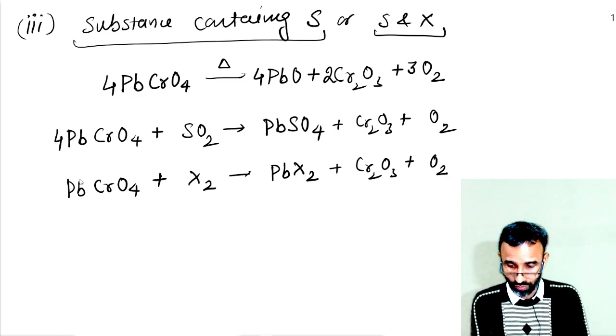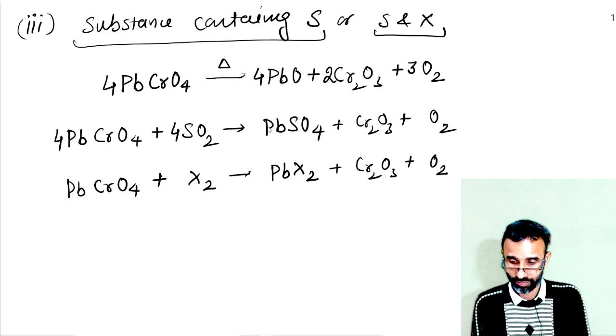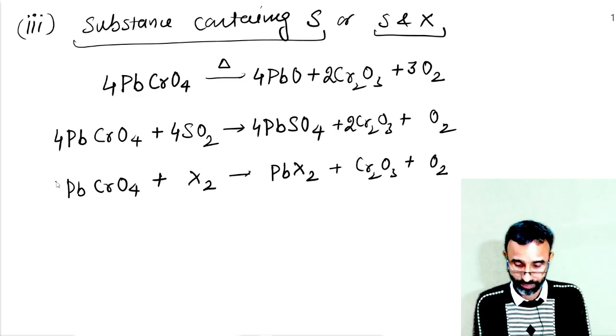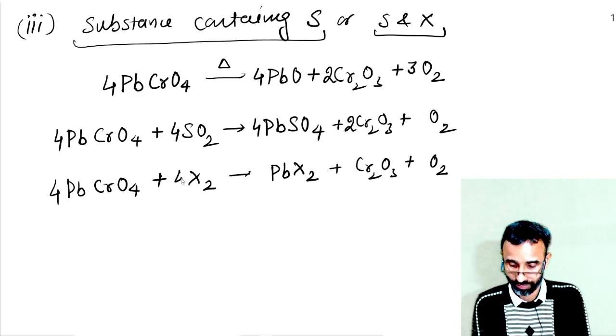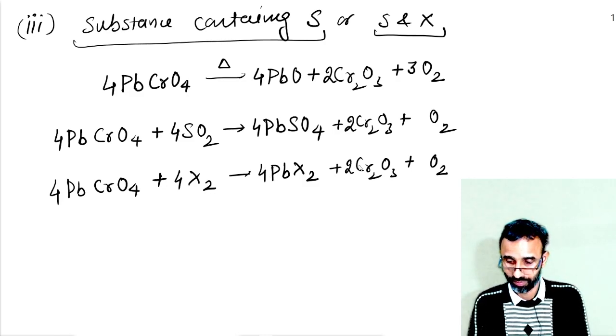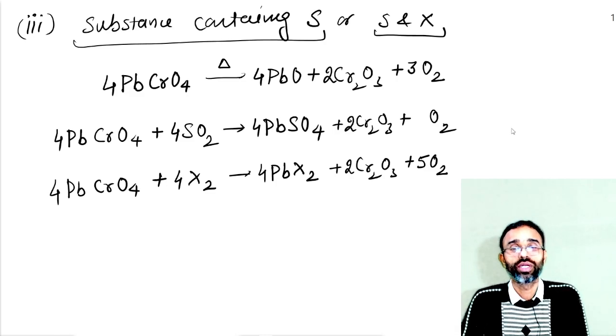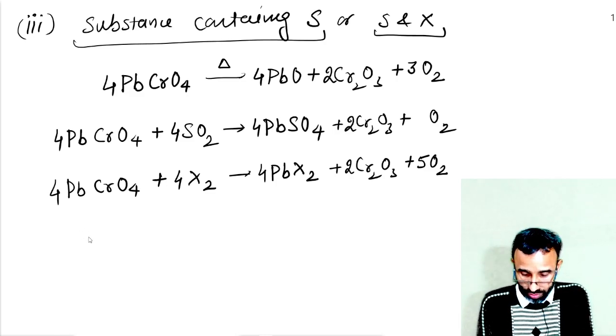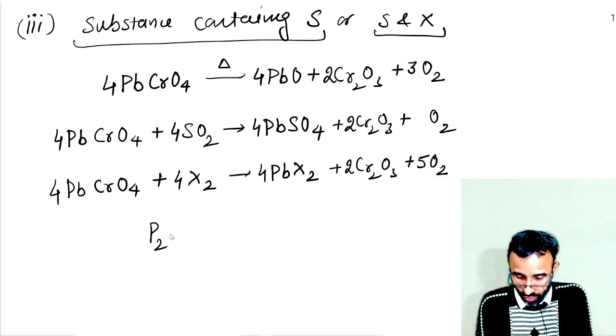Fourth, even if phosphorus is present, phosphorus is converted into P2O5. So even lead chromate is useful for phosphorus as well.